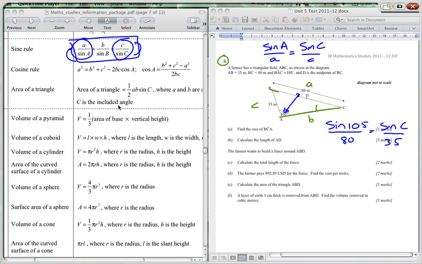35. So my sine of C is going to equal 35 times the sine of 105 divided by 80.